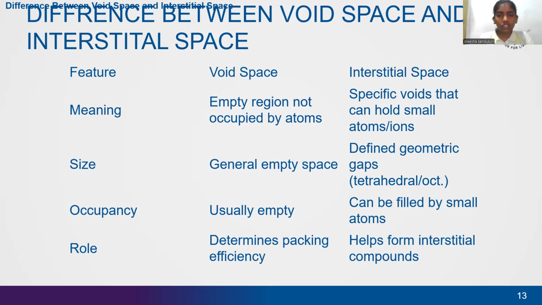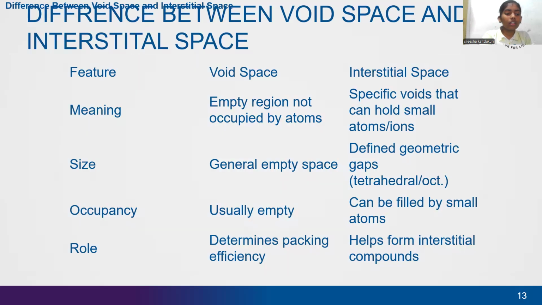In size, void space is generally empty space, but interstitial space defines geometric gaps, like tetrahedral or octahedral. In occupancy, void space is usually empty, but interstitial space can be filled by small atoms. In role, void space determines packing efficiency, whereas interstitial space helps form interstitial compounds. These are some major differences between void space and interstitial space.